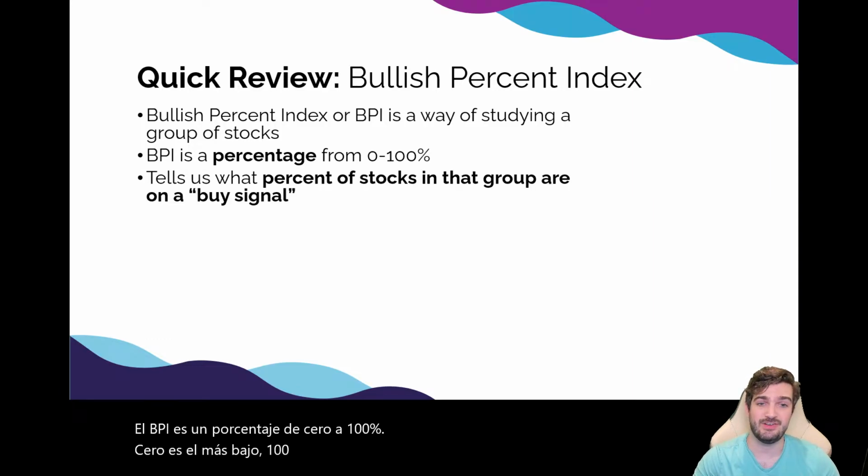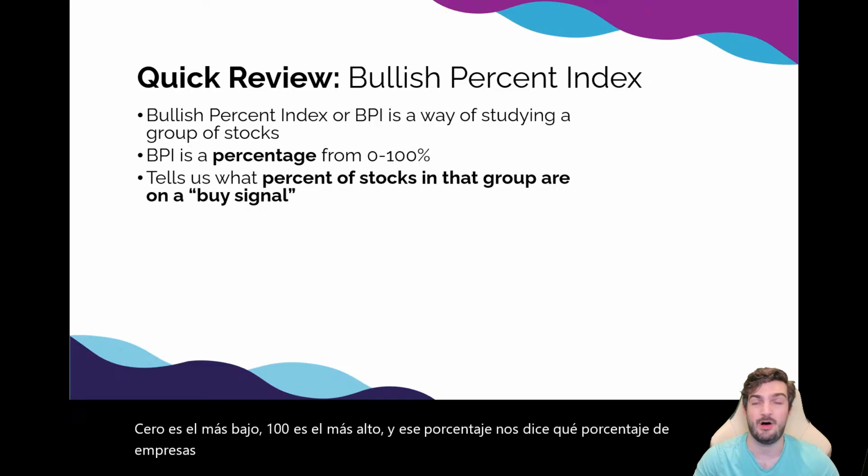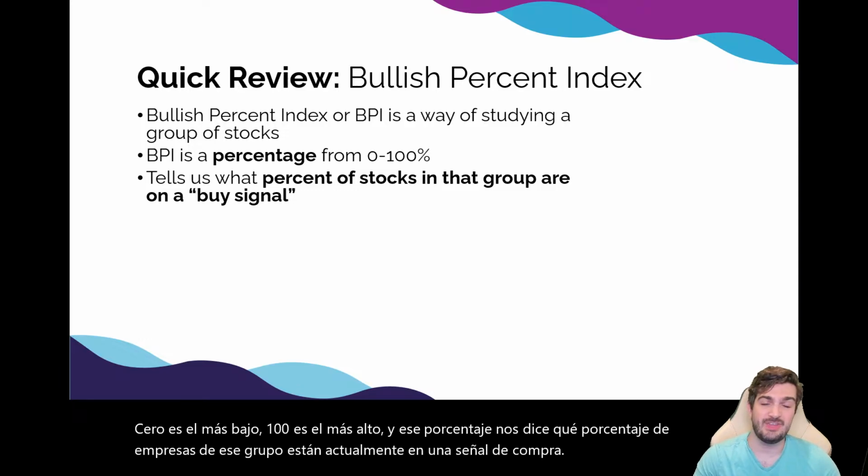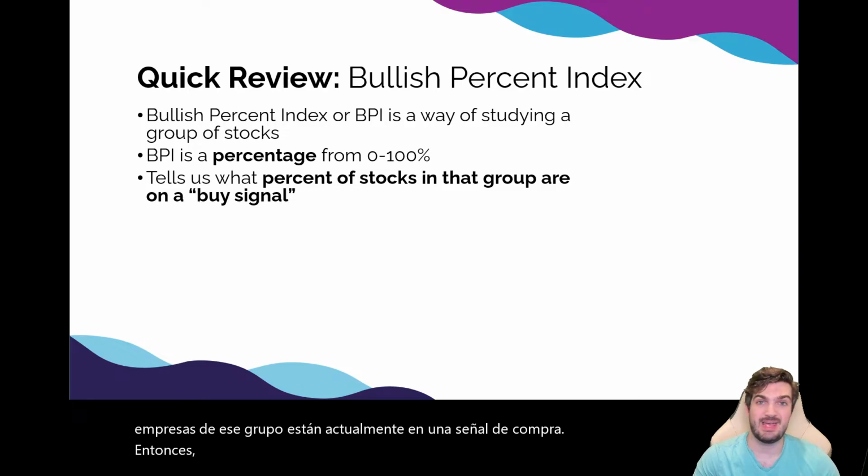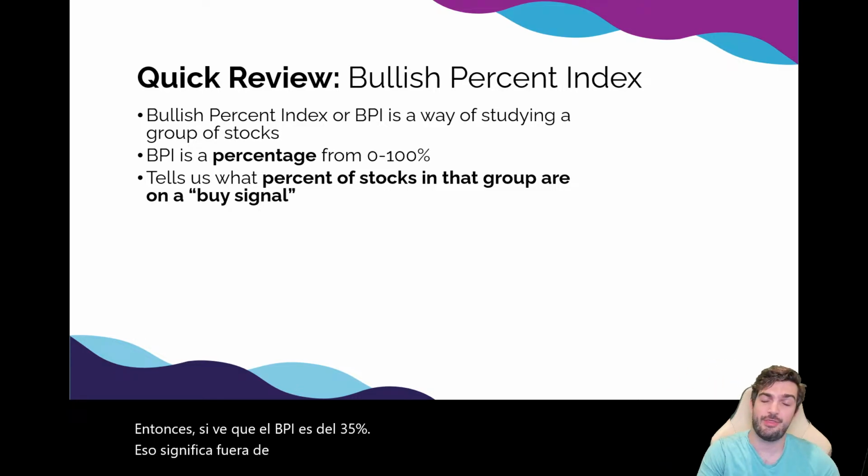And that percentage tells us what percent of companies in that group are currently on a buy signal. So if you see that the BPI is 35%, that means out of that group of companies, 35% of those companies are currently on buy signal.